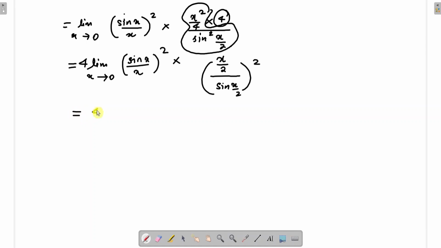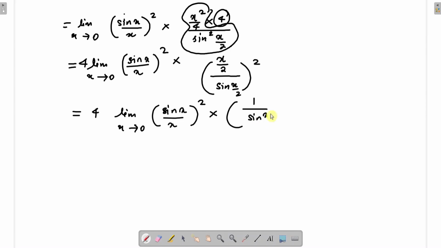So this will be equal to what? 4 times limit x tends to 0 of (sine x divided by x) the whole square, multiplied by this function which is in the bracket, we can write as 1 divided by (sine x by 2 divided by x by 2) the whole square.